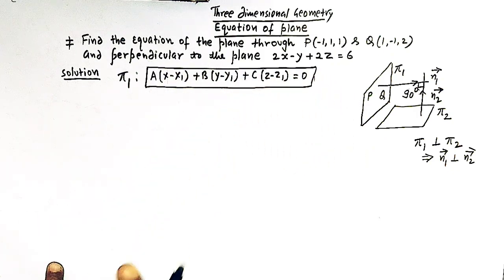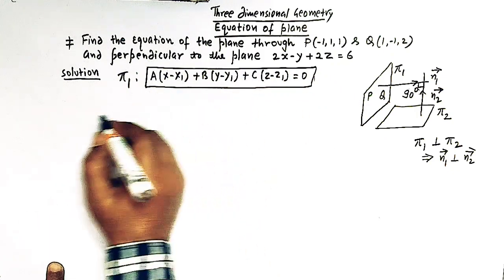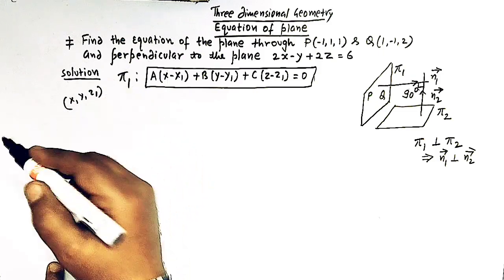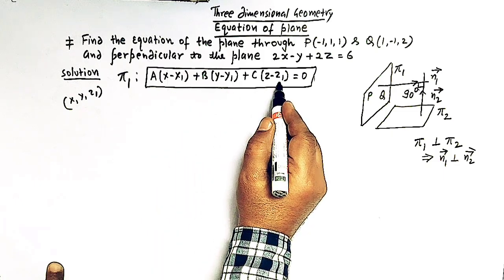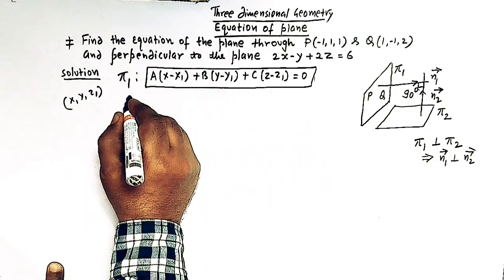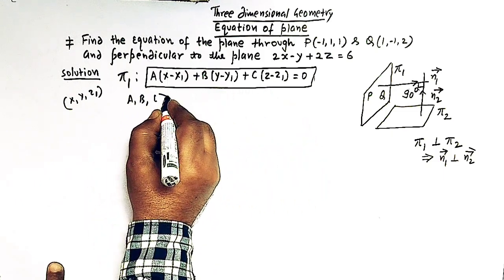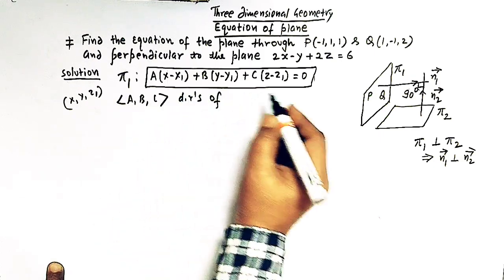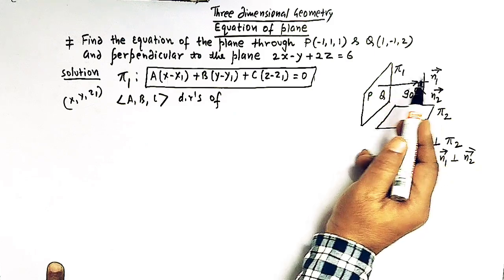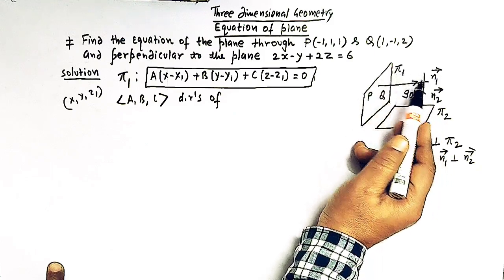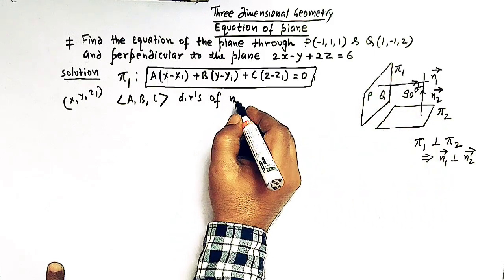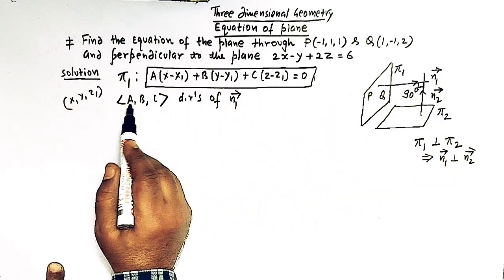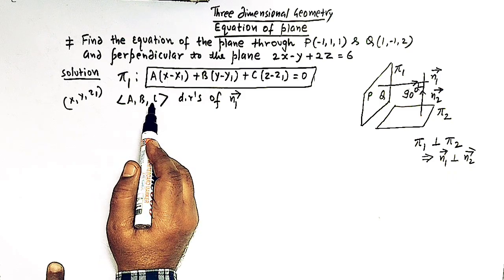The equation of any plane which passes through a point, say (x1, y1, z1), may be written like this, right? And here a, b, c are the direction ratios of the normal vector, and we have assumed that the normal vector to this plane pi 1 is the vector n1. So n1 has the direction ratios a, b and c, right?